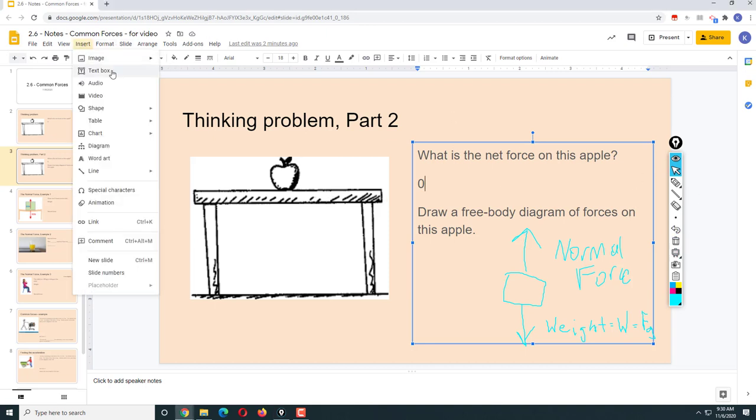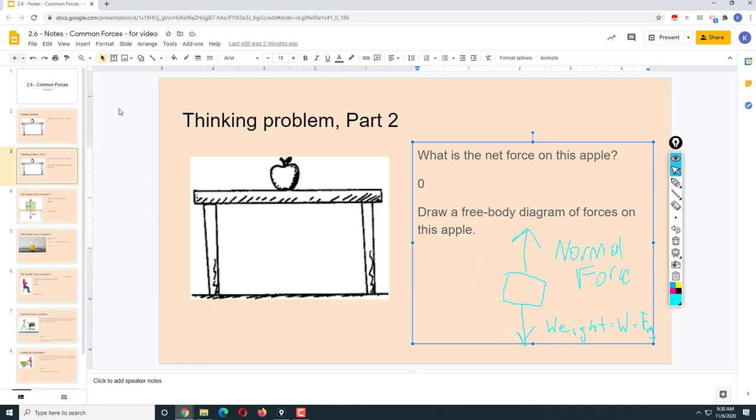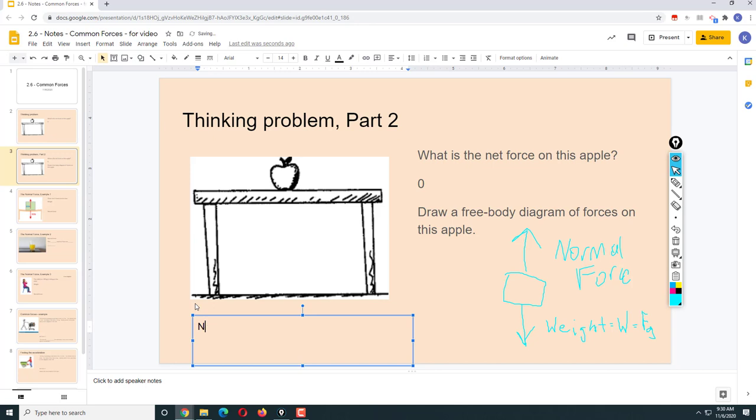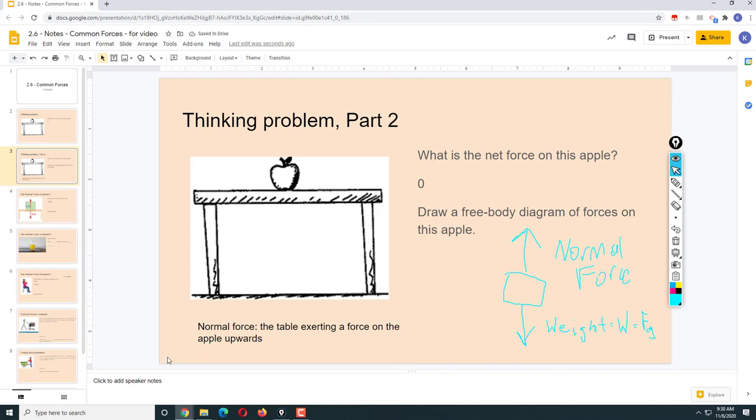The normal force here is the table exerting a force on the apple upwards.